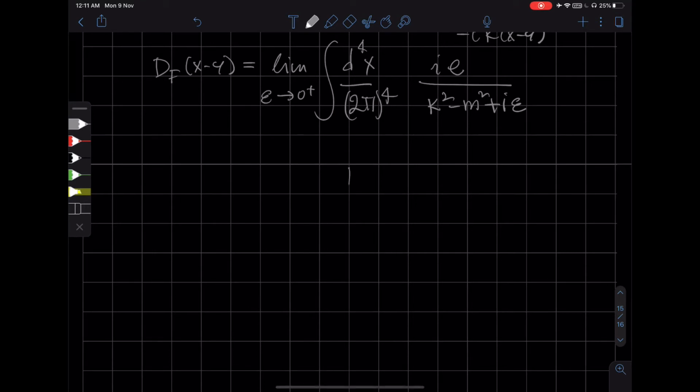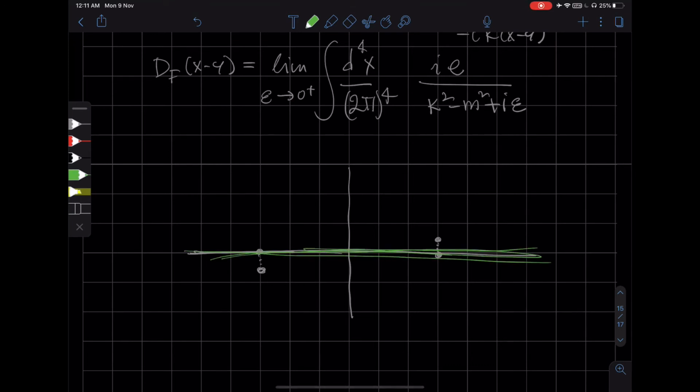And what it is telling me is that the pole structure of the propagator should be such that this pole should be pushed up a little bit, and this one should be pushed down a little bit, so that when we do the contour integral along the x-axis, it's clear which pole we have to include in which integral.